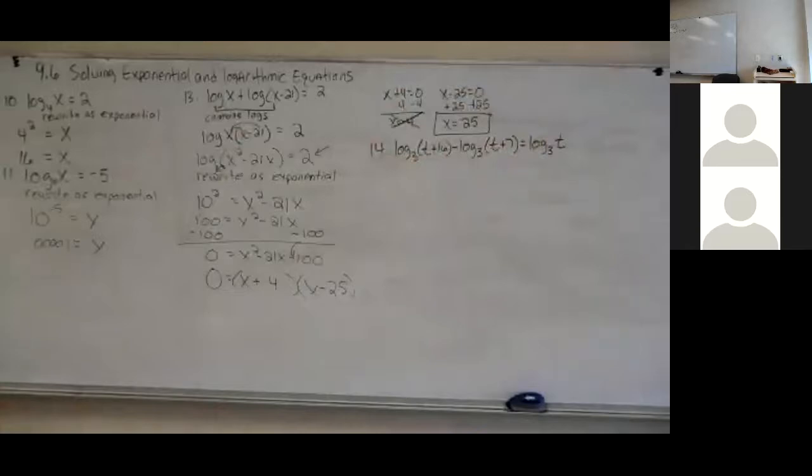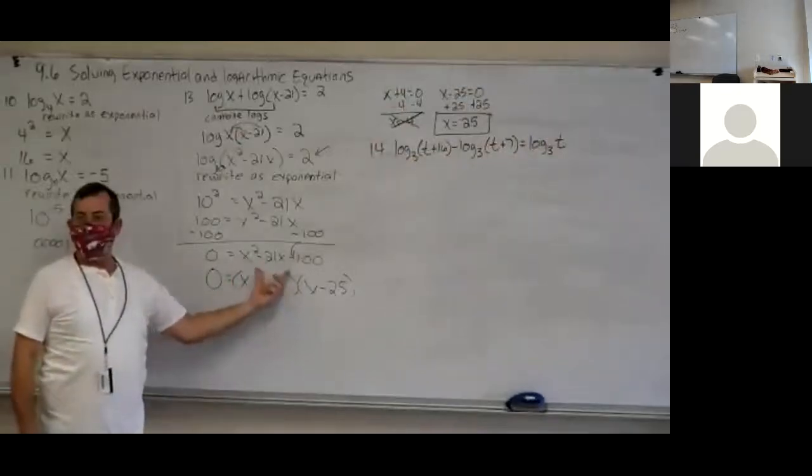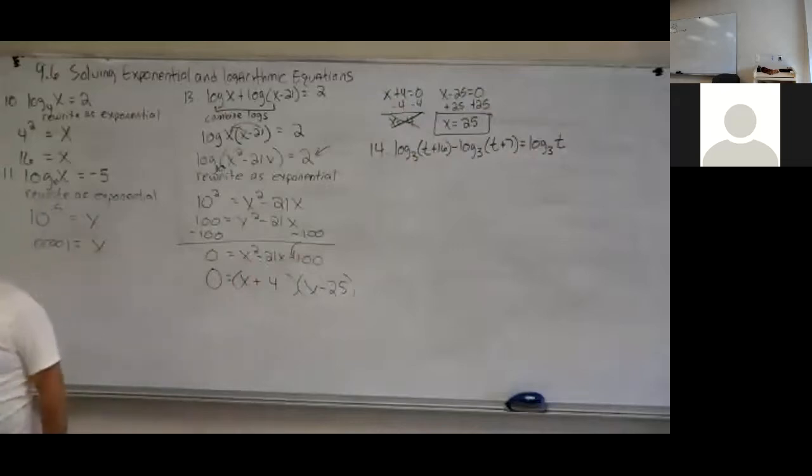And I think the other thing I like about these log equations is they go through other equation types that you've got to remember, okay? Like this one, you had to remember, solve it by factoring or the quad, okay?